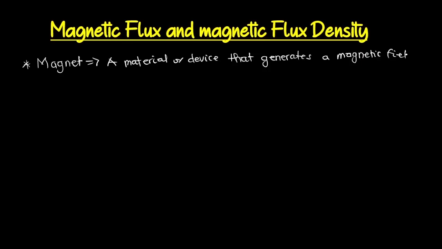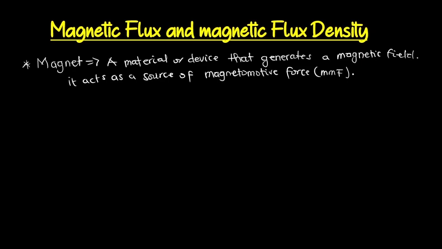It also acts as a source of MMF, which is a magnetomotive force. We'll be looking at what a magnetomotive force is very soon. MMF, okay, in the circuit. All right, so this is what a magnet is: a material or a device that generates a magnetic field.